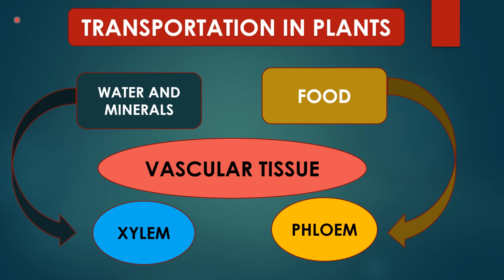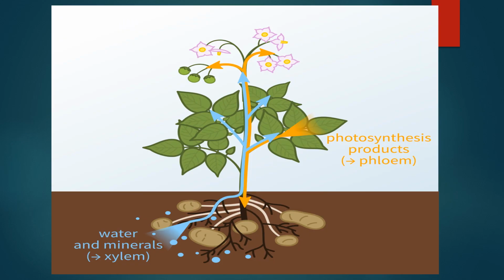Let's see this in the diagram. Water and minerals from the soil get absorbed by the roots. With the help of xylem, it reaches the leaves. Leaves make food with the help of photosynthesis by taking the water from here.